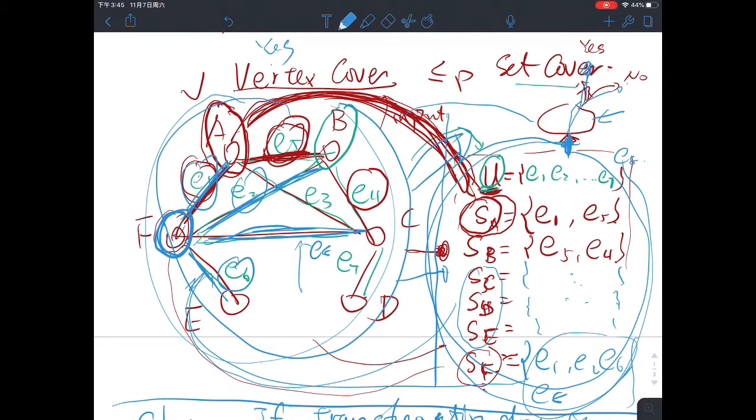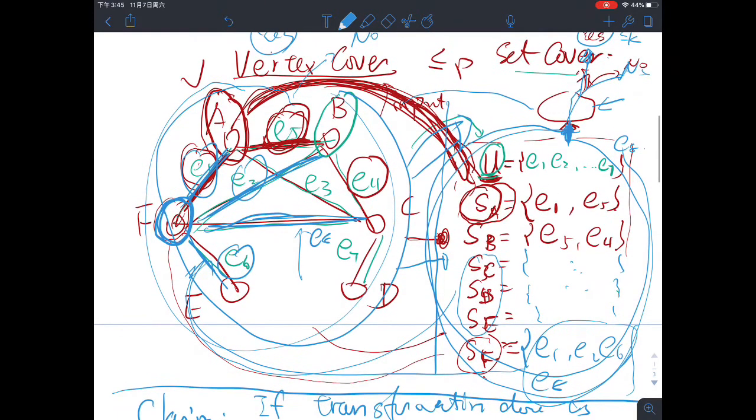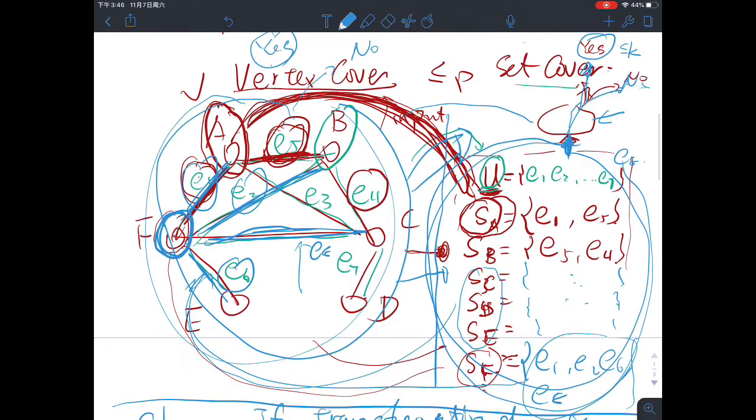And if the set cover outputs a no, then the vertex cover is also a no instance. Recall what yes means: there exists a set cover whose size is less than k, and no means that there doesn't exist any set cover whose size is less than k. We want to show that after this transformation and reduction, our algorithm is actually correct.